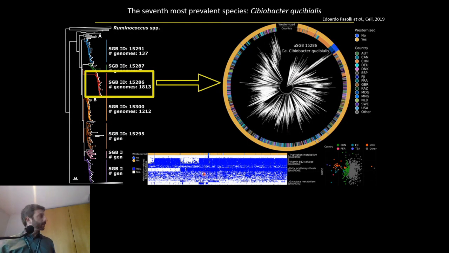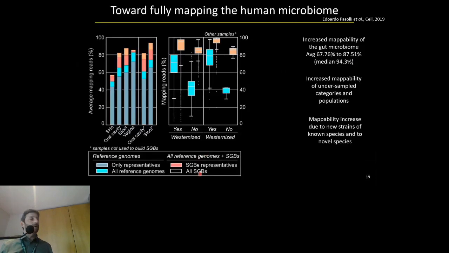So, with this work, we were able to increase the mappability of the microbiome to probably 90%, more or less. And this is very important because you can make sense of the unknown species. Importantly, given that we sampled a lot of non-westernized populations, this is important to capture a diversity of microbiomes.